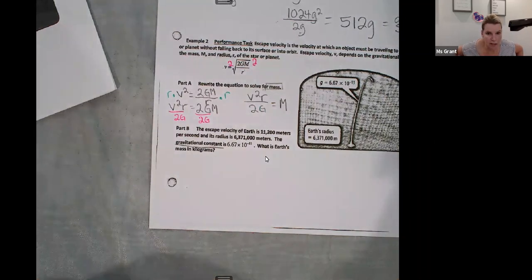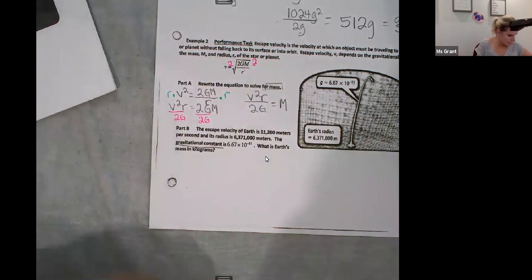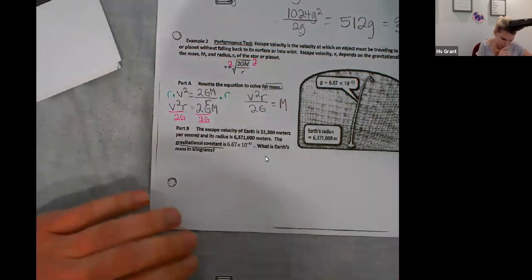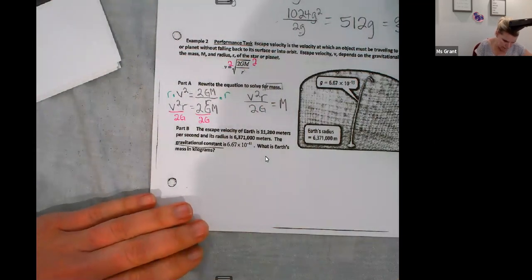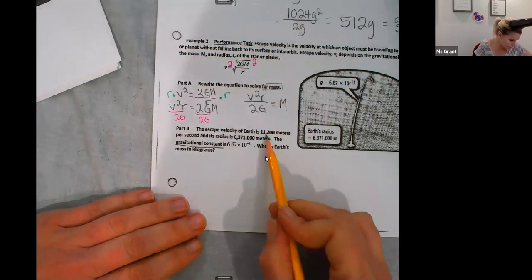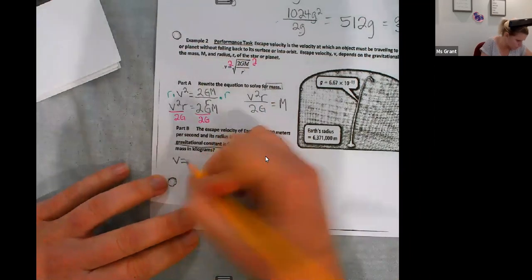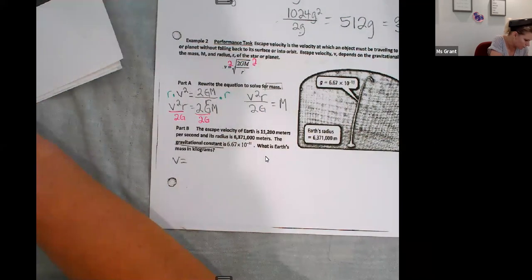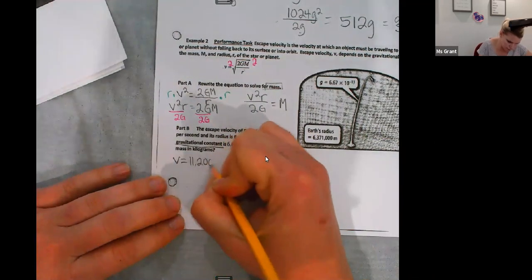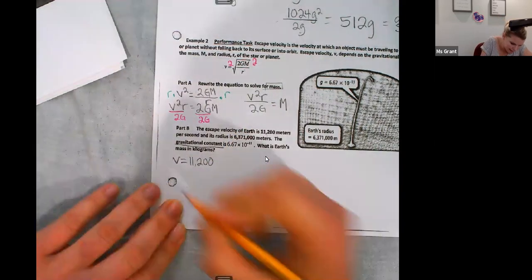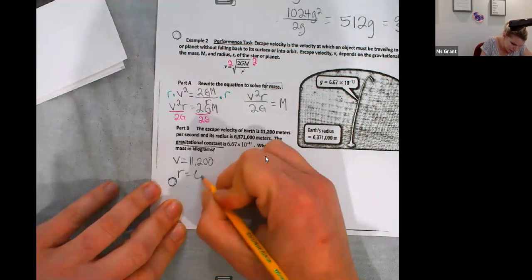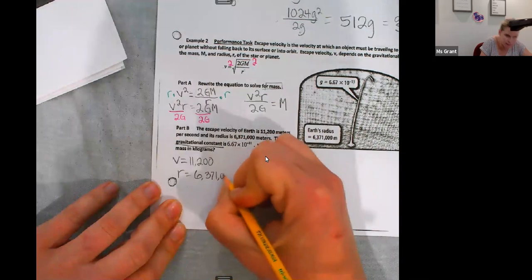So I'm going to do, let's see, the escape velocity, that's V, equals 11,200 meters. The radius is 6,371,000.